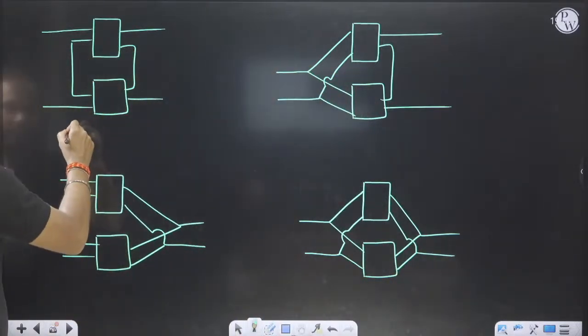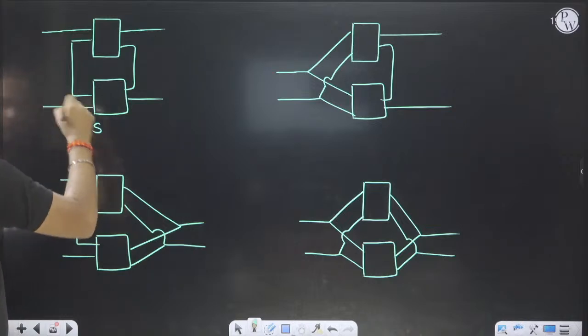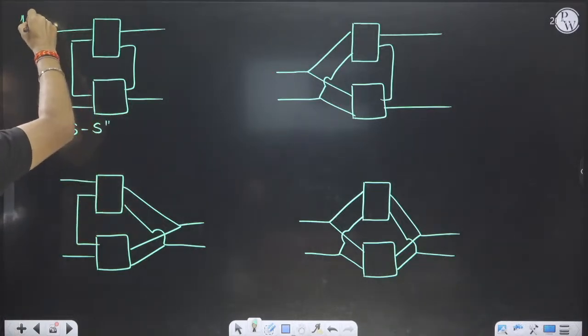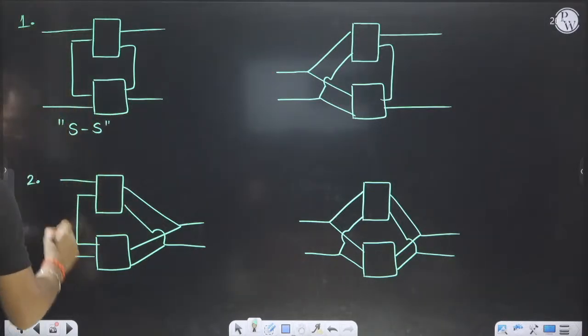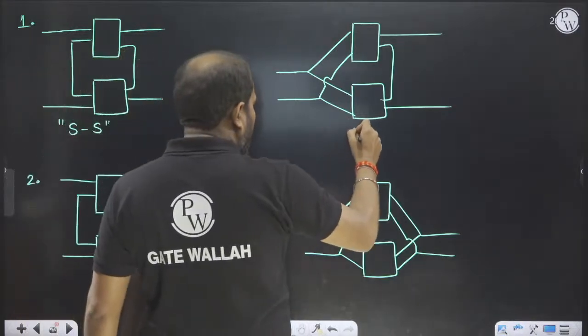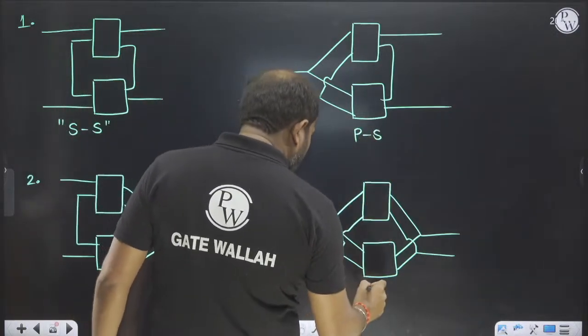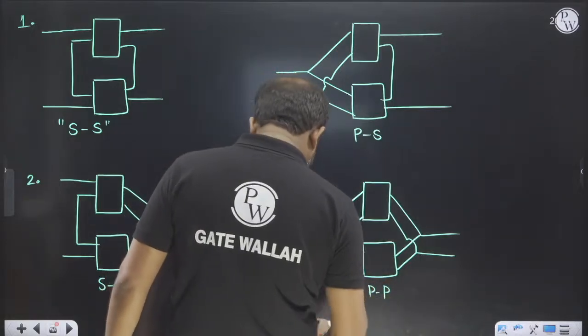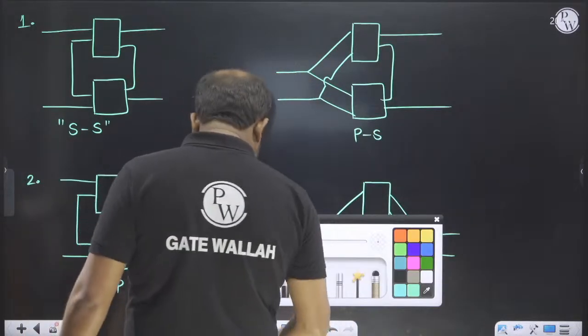So first one is series, second one is series parallel, third one is parallel series, and fourth one is parallel. How will we remember this?